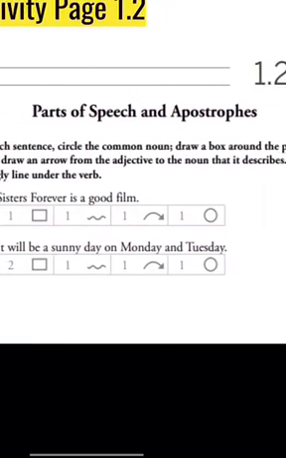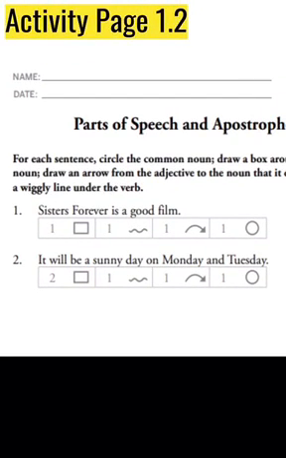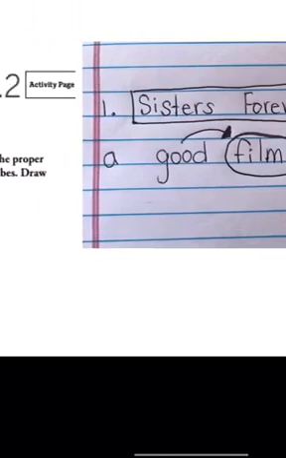Okay, next, let's find our common noun. Where are we going to draw our circle? If you said film, you're correct. Film is the common noun. Okay, now where's the word that's describing the film? If you said good, you are correct.